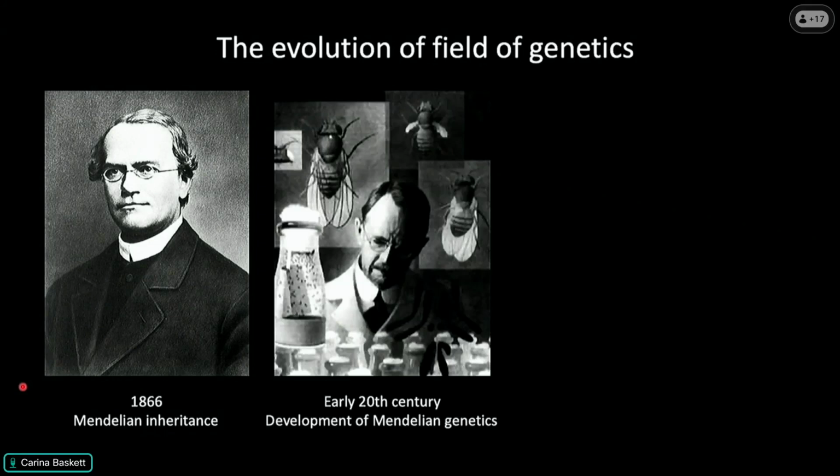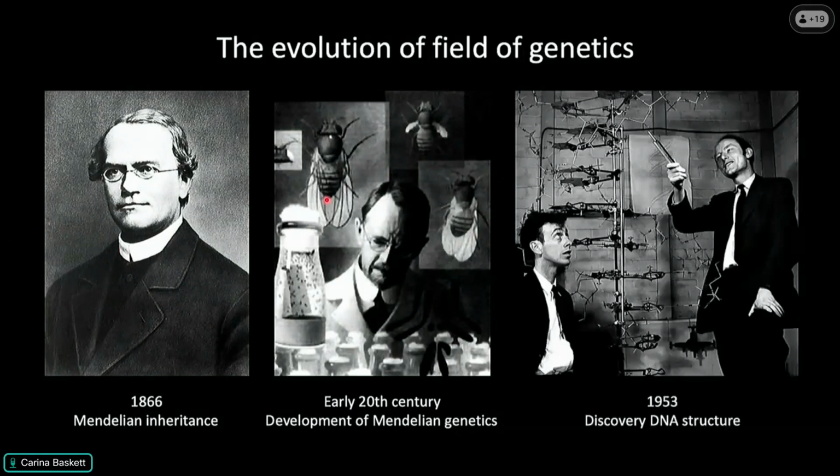These ideas were further developed at the beginning of the 20th century, for example, by Thomas Hunt Morgan, one of the famous Drosophilists. And then, of course, the structure of DNA was discovered.